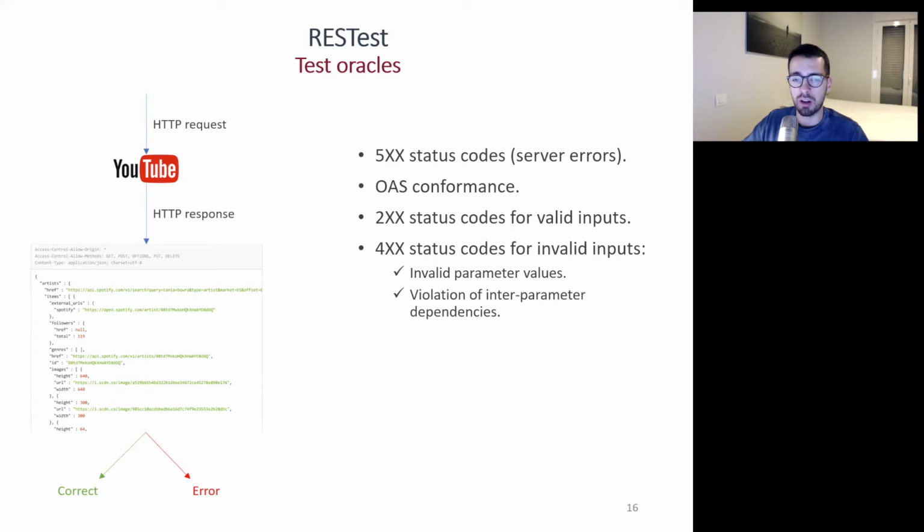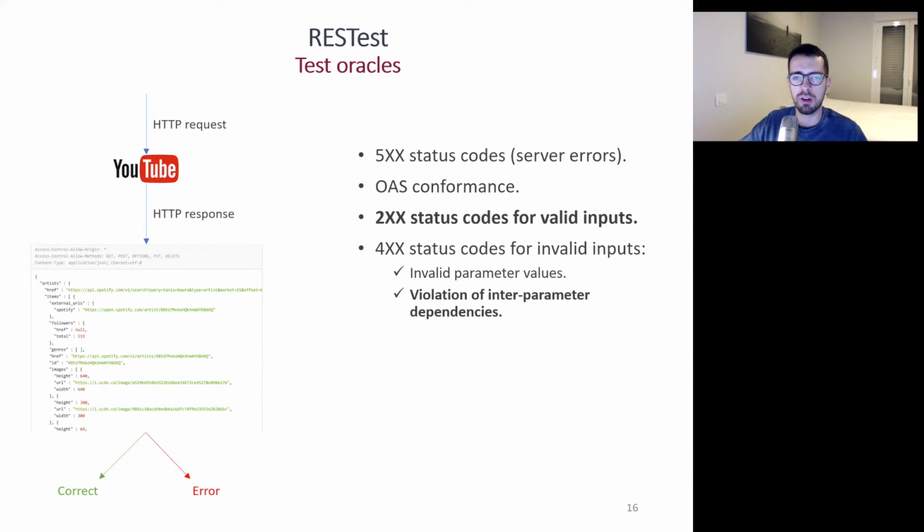I want to remark that in this context, these two oracles, 200 status code for valid inputs and 400 status codes for requests violating interparameter dependencies, these two oracles are novel. So you can only use them if you're using our approach for automatically analyzing the dependencies. You need to know whether these dependencies are satisfied or not a priori in order to use these two automated oracles, which are novel in our proposal.